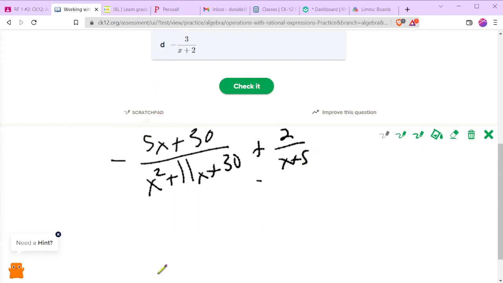As with any fractions that we've ever worked with, we want to start by putting them over a common denominator.